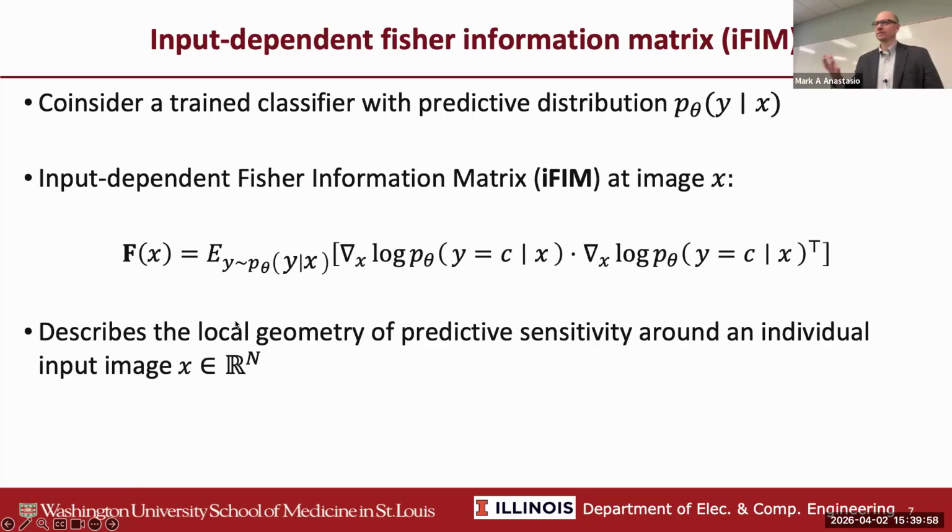It looks very similar to the traditional definition of Fisher information, with a few exceptions. You notice that the gradient now is with respect to X. It's with respect to the input image. Traditionally, in the FIM, the gradient would be with respect to the parameter that is parameterizing the distribution. So here we're taking the gradient with respect to X, and we're taking the average over the distribution of the task variable Y. But other than that, structurally, it seems similar to the Fisher information matrix, except now we're interested in analyzing the sensitivity of our predictive distribution to perturbations of the input, which is X here, okay?